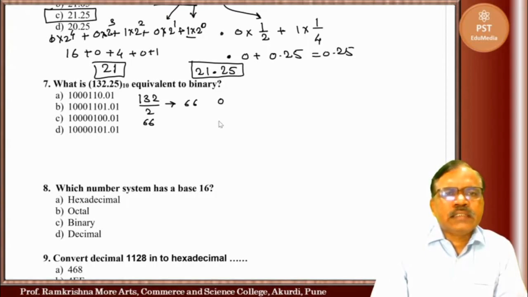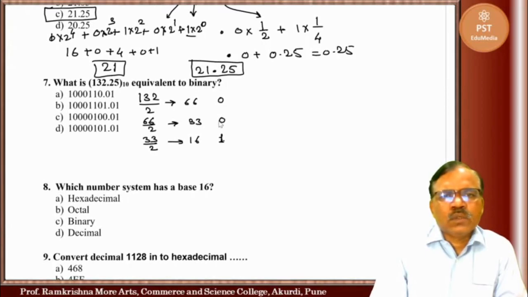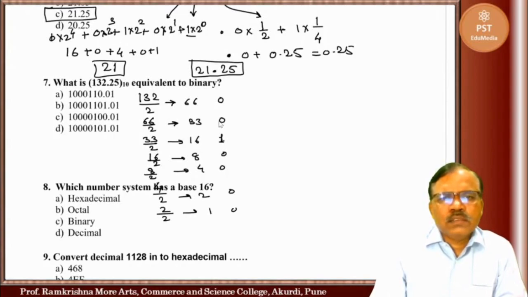Then 66 divided by 2 is 33, remainder 0. Now 33 divided by 2 is 16, remainder 1. Now 16 by 2 is 8, remainder 0. 8 by 2 is 4, remainder 0. Then 4 by 2 is 2, remainder 0. 2 by 2 is 1, remainder 0. 1 by 2 is 0, remainder 1.